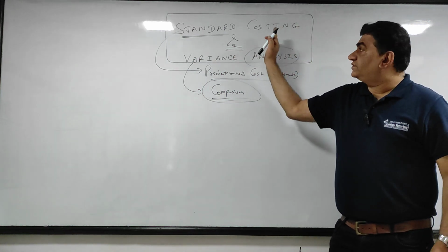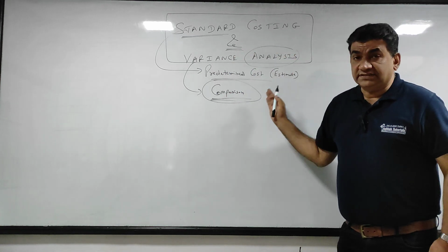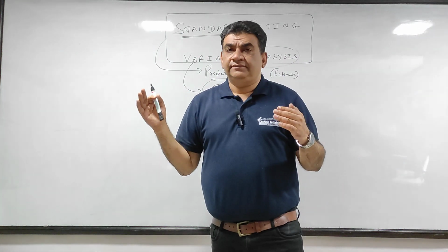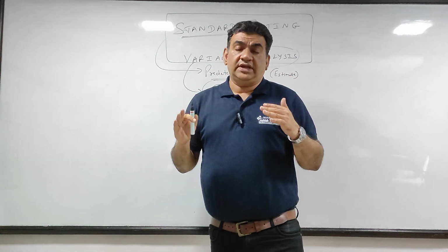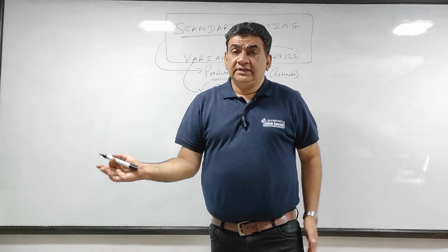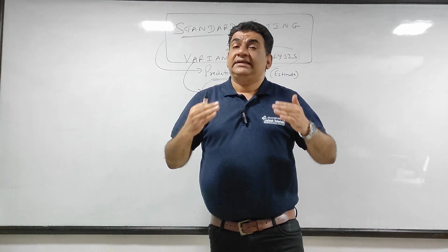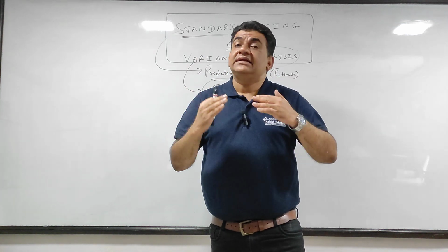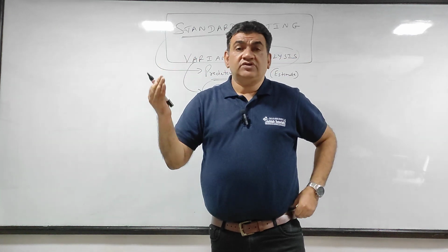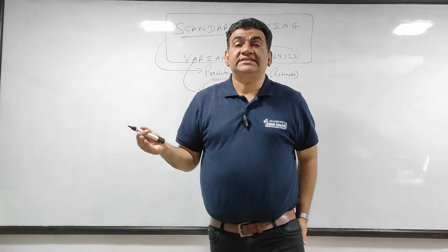So the meaning of the chapter standard costing and variance analysis means predict the cost, after the period gets over, see what is the actual amount, compare the standard with the actual, and do the analysis that if the incurred cost is higher than estimated, क्यों हुआ, for what reasons.